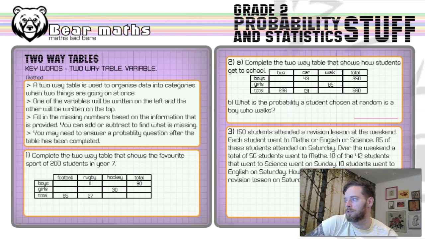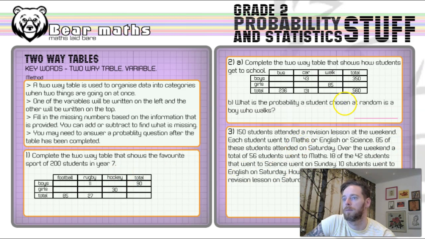The first question asks us to complete the two-way table that shows the favourite sport of 200 students in year 7. So I'm going to bring in my calculator for this, because it's easier. Maybe not for this question, but maybe for the next one.